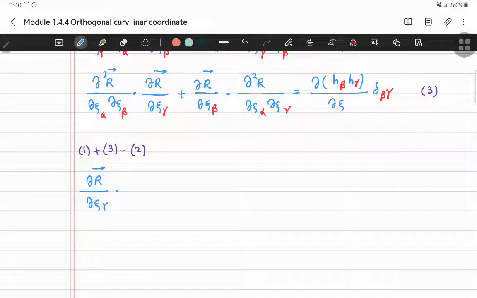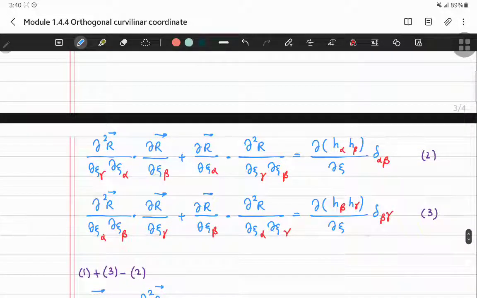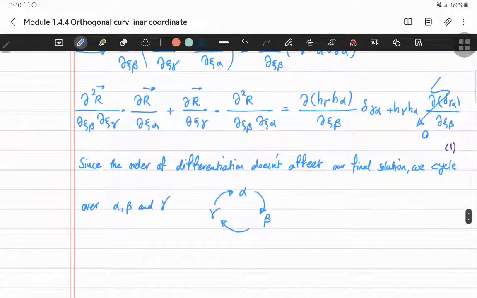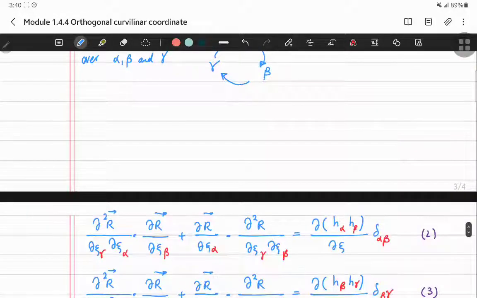Since this is a dot product, it doesn't matter whether we write the first or the second term. The second partial derivative of r with respect to z alpha, z beta. We have two of them, so 2 is here. And I have this term plus this term minus this term.